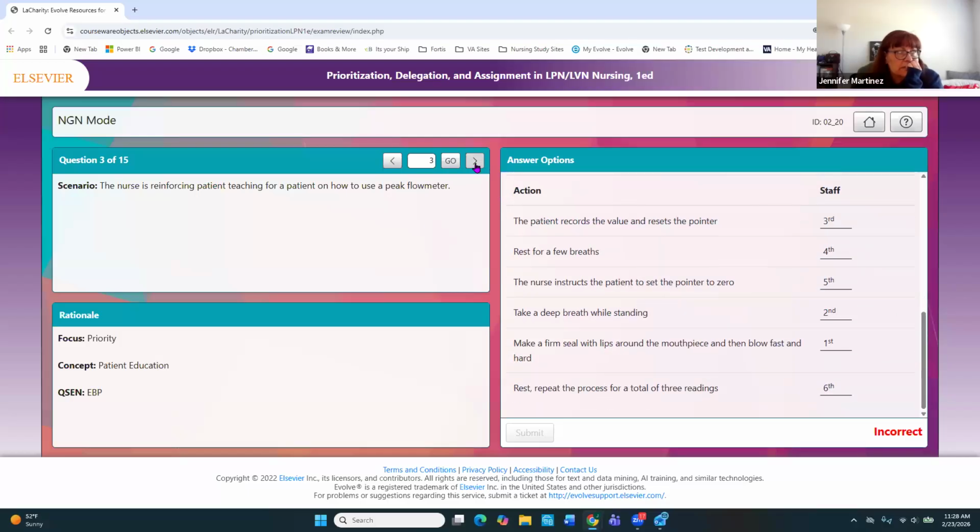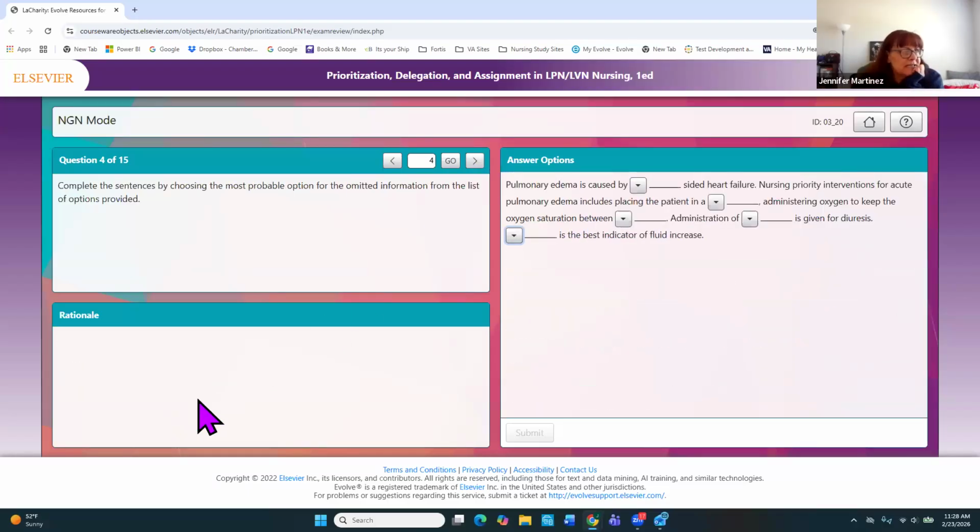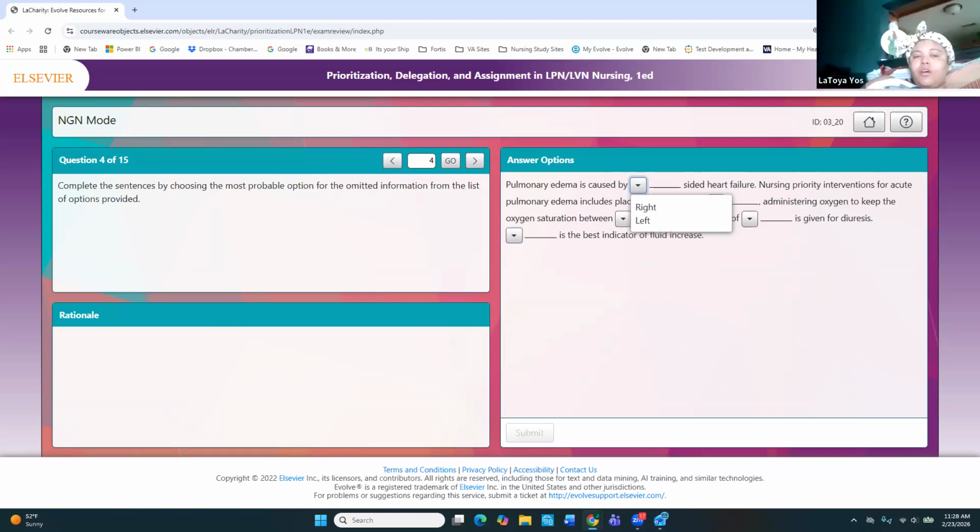All right, complete the sentences by choosing the most probable option for the omitted information from the list of options provided. Pulmonary edema is caused by right or left-sided heart failure. It'd be left side.